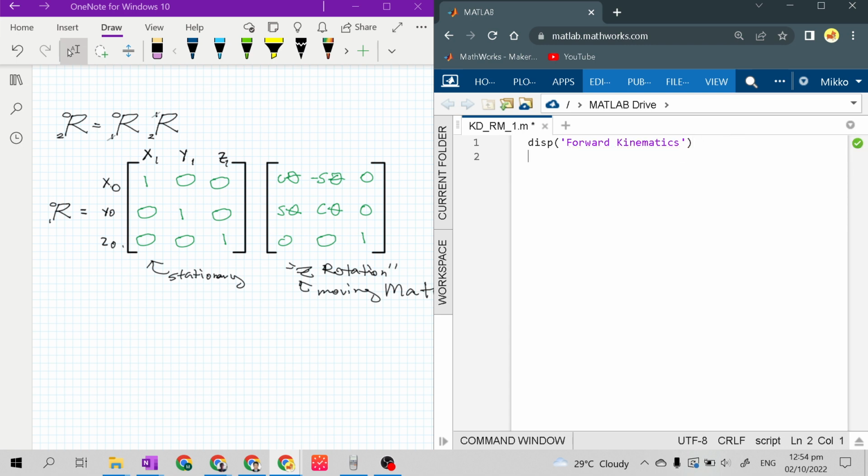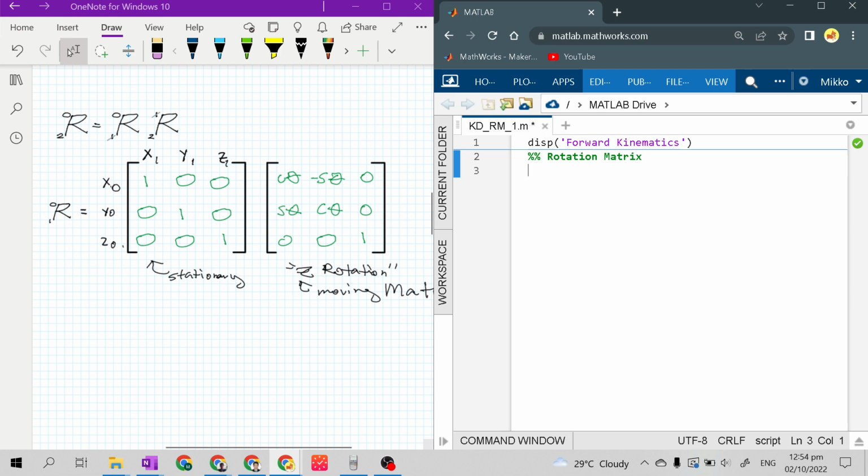Okay. So first is the rotation matrix. Okay. So first, let's identify the variable that we will use, the independent variable that we will use.